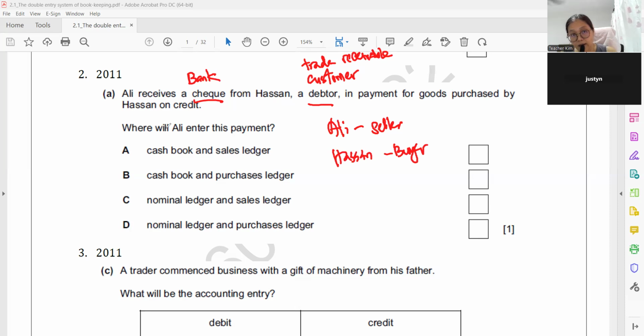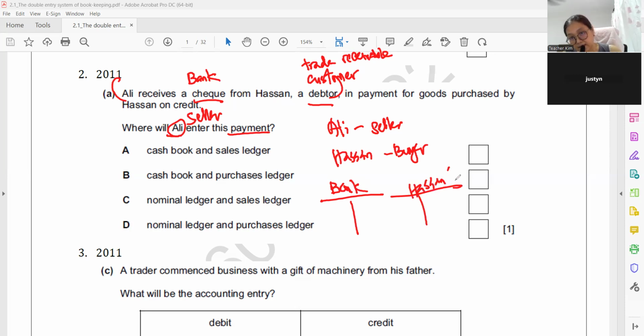So where will Ali, the seller, do this recording? It means that this check is received. So you have two accounts, bank and Hassan. Hassan is a trade receivable from Ali's point of view, a customer. So you need to think whether bank receives money or gives out money, and whether Hassan receives money or gives out money.